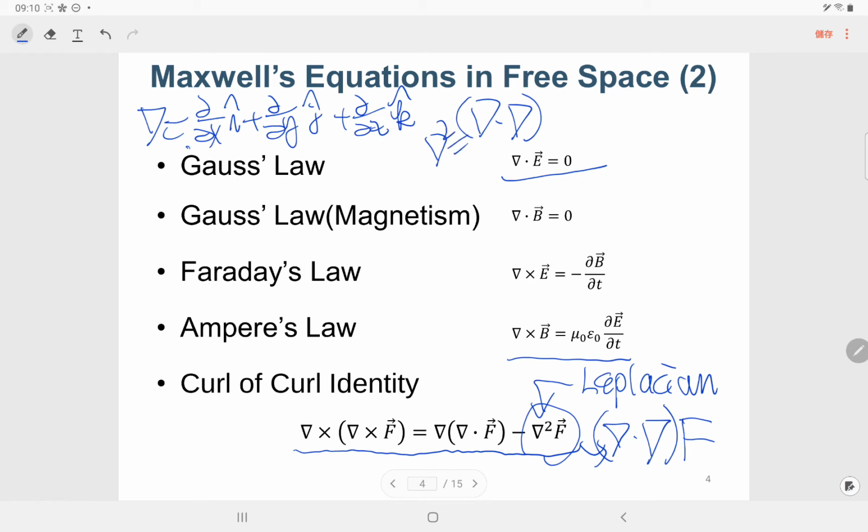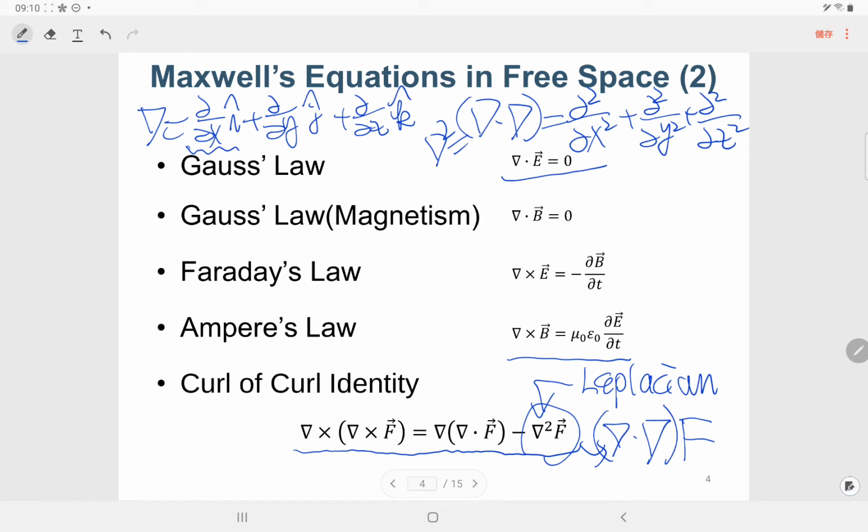So we have this term inner product with itself. It's nothing but partial squared over partial x squared plus partial squared over partial y squared plus partial squared over partial z squared. So this is the Laplacian.